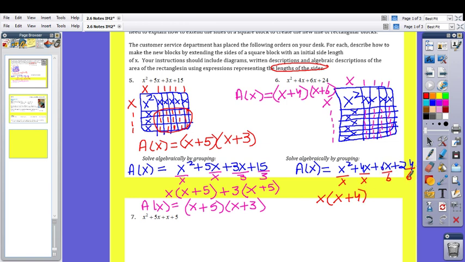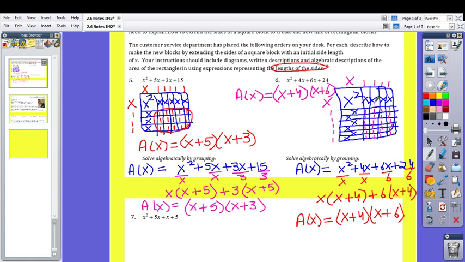If you divide by 6, you'll be left with x, and 6 will go into 24 four times. Now you have this and this common in both, so x plus 4. What is left over here is x, and here plus 6. So you can do the same thing the algebra way too.